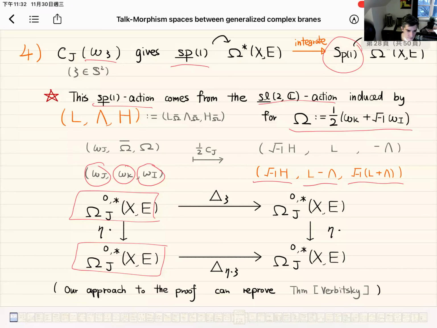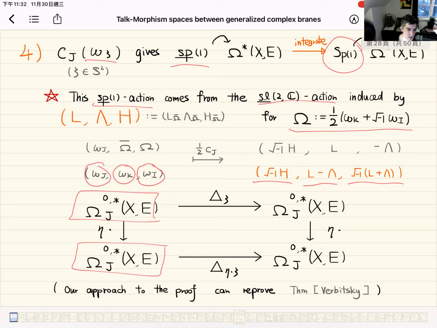Okay, and once you have chosen an isomorphism to the J complex, then what is remaining here? I mean, you're showing here an SP1 action, but is that the full symmetry group that is acting on this diagram? Yeah. So now you get an SP1 action generated by the lattice operator.